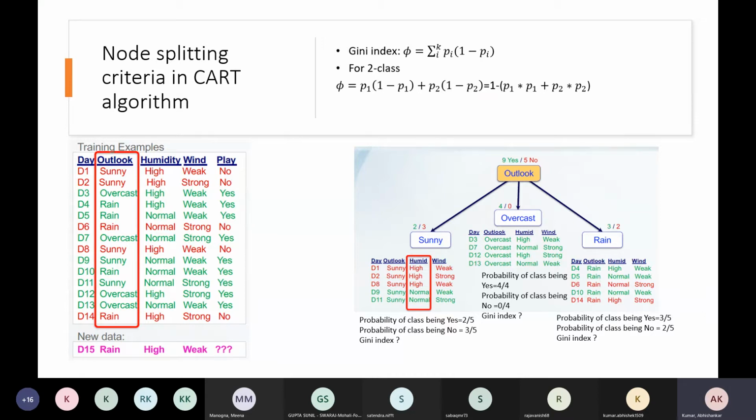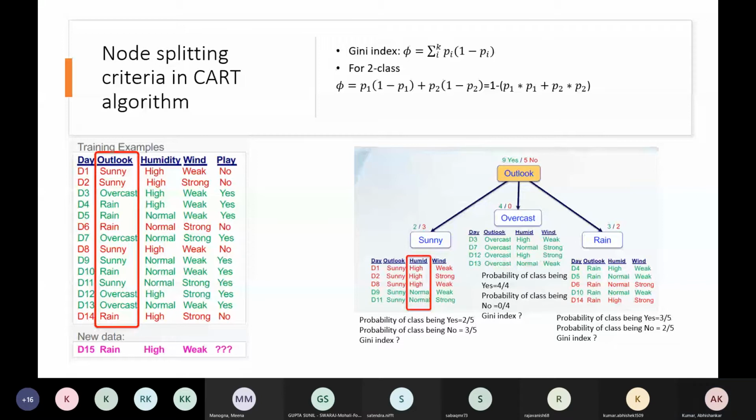So why not go and calculate the Gini index at each node. First calculate at outlook, and then sunny and rain. Calculate and let me know.